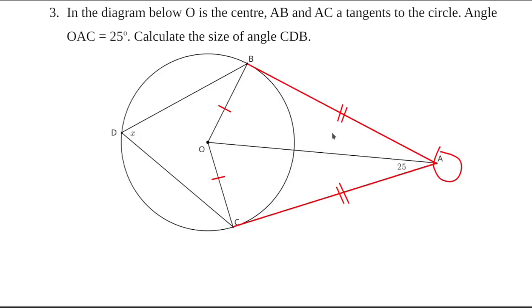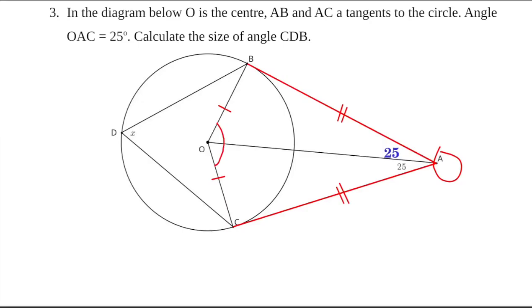It says that its corresponding angles are also equal. If the corresponding angles are also equal, then this guy here should be 25 degrees. If that's 25 degrees, how then do we find this angle here?